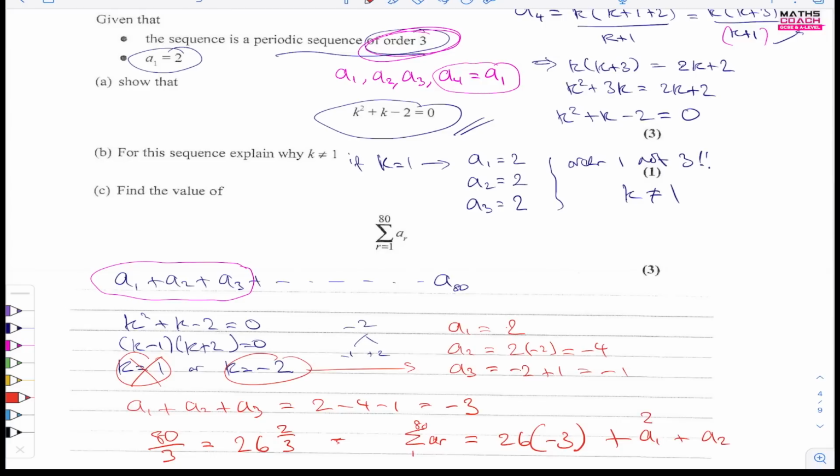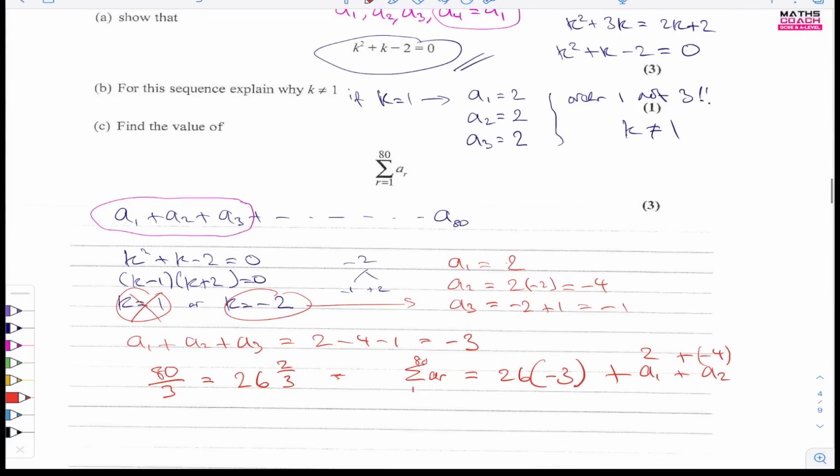A1 is 2 and A2 is equal to minus 4. So we add those on to this. So 26 times minus 3 is equal to minus 78. Then we've got plus 2 minus 4. So the final answer is minus 80.